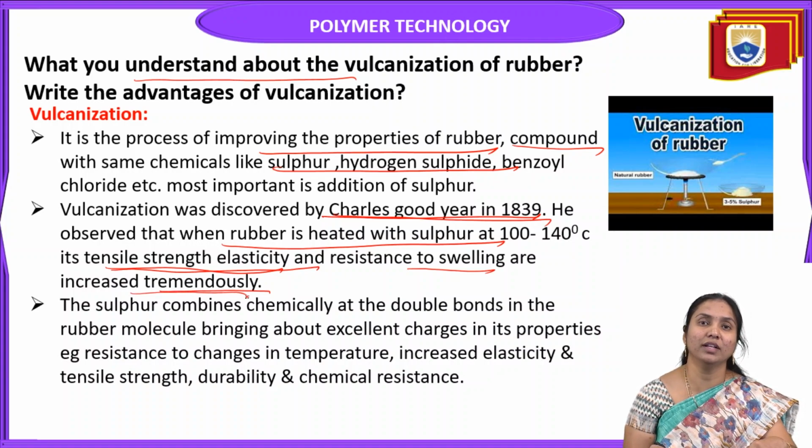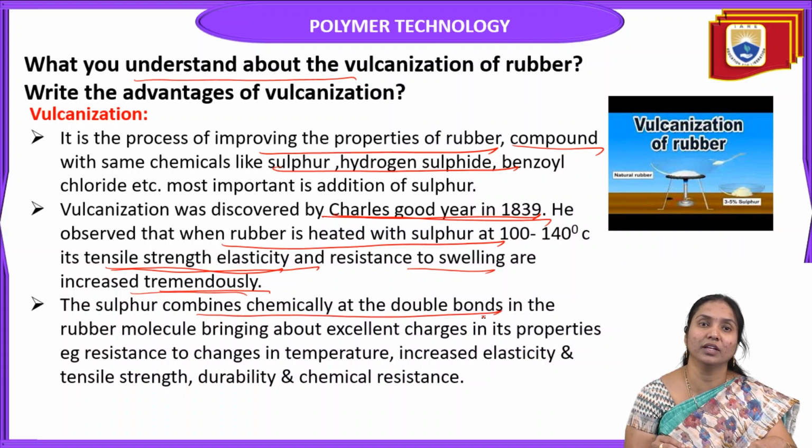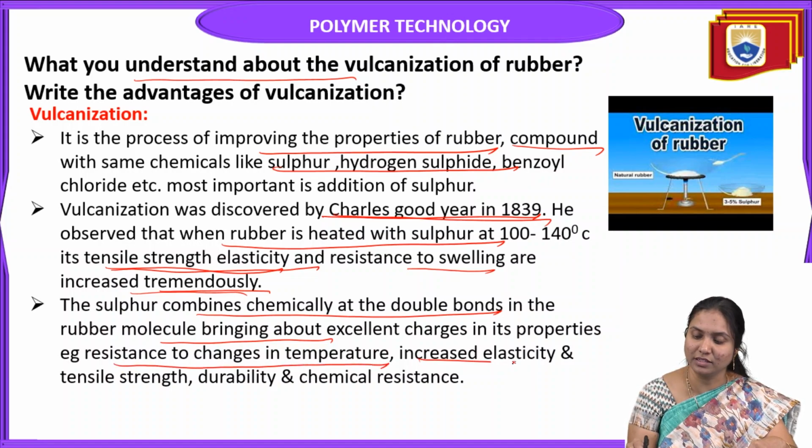So all these properties are increased when raw rubber is heated with sulfur. This sulfur combines chemically at the double bonds in the rubber molecules, bringing about excellent changes in its properties. Examples: resistance to changes in temperature, increased elasticity, tensile strength, chemical resistance and durability.